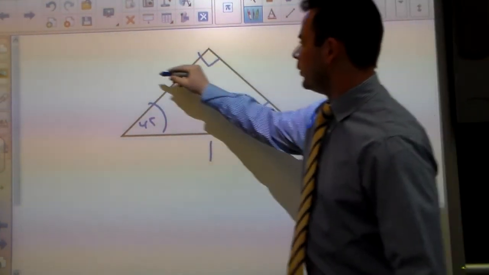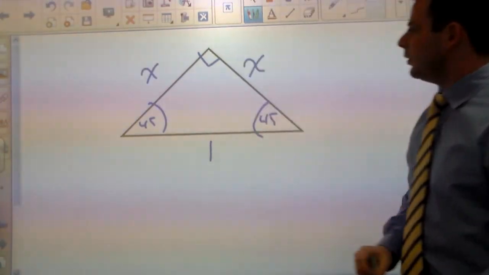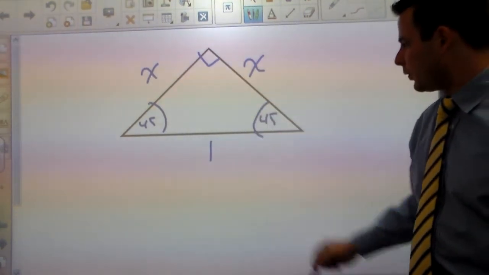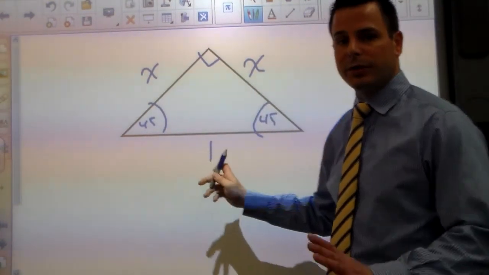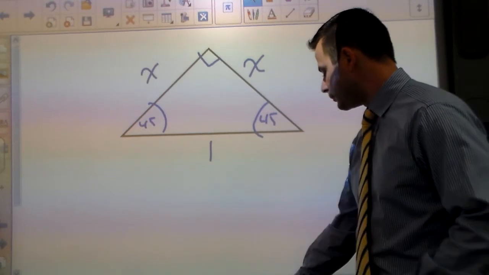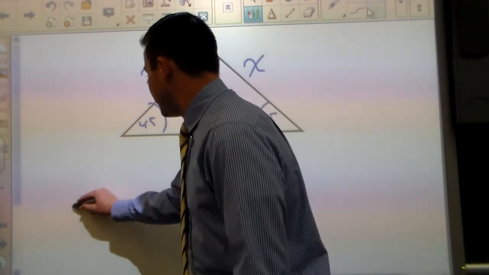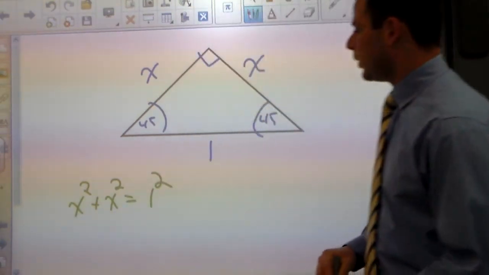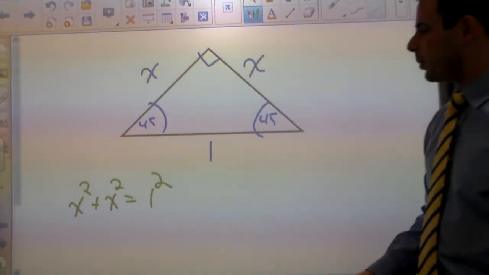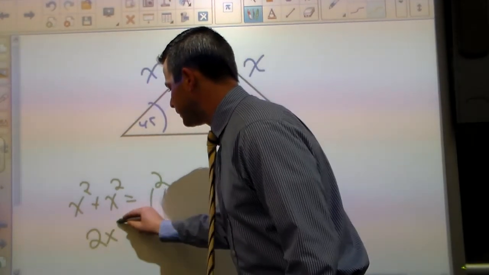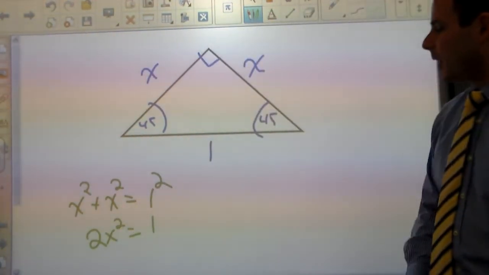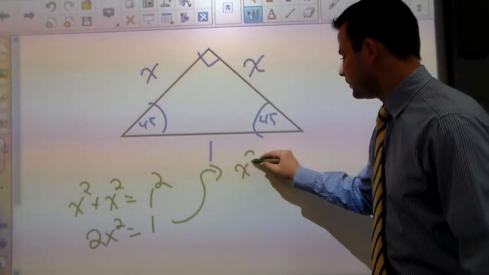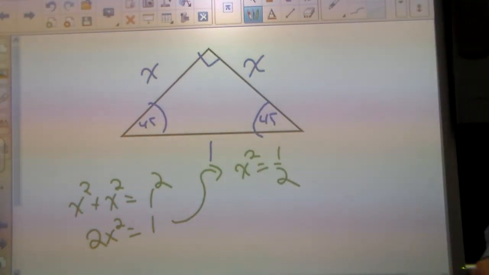So let's find the value of these sides by using the Pythagorean theorem. x squared plus x squared equals 1 squared. Again, the hypotenuse is 1 because this comes from the unit circle. x squared plus x squared is 2x squared. Divide by 2, and you get x squared equals 1/2.